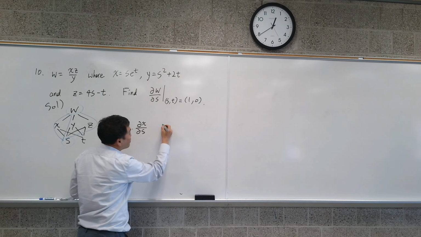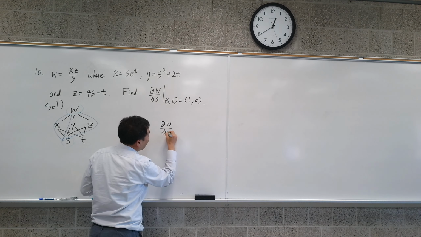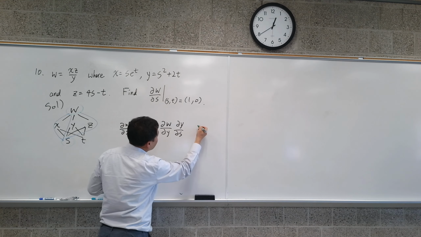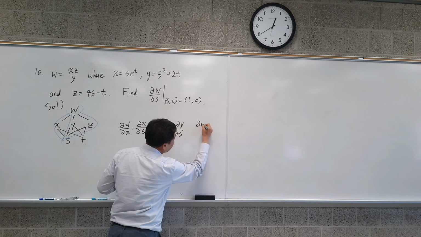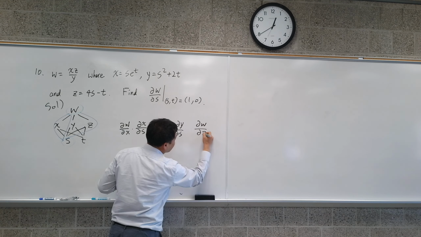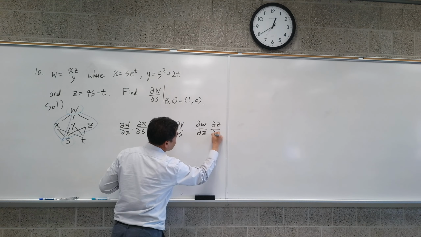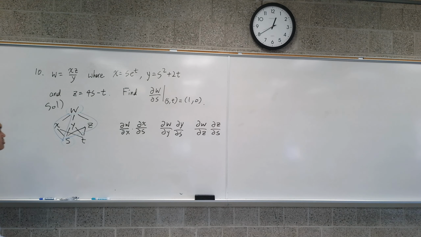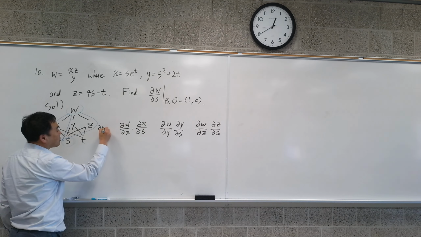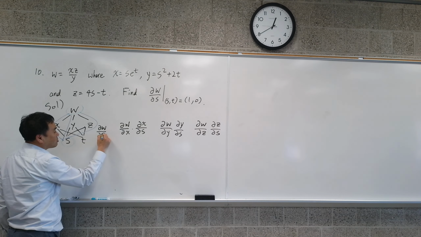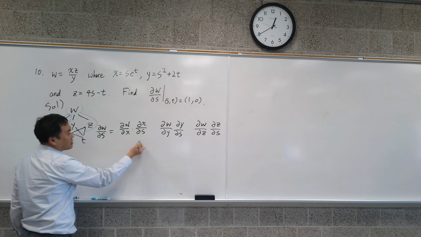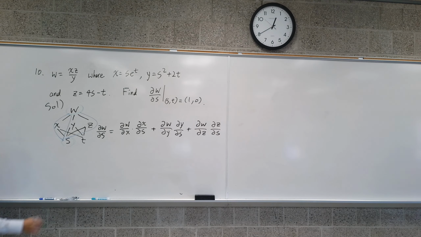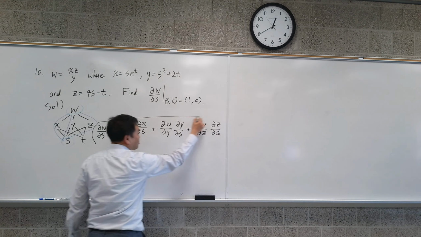So the second one is change of W going through Y. And the third one, in the same way, there's one going through Z. And the magic of multivariable calculus is that if you want to know how W changes when you change S, it's the sum of all these changes added together. So this is the multivariable chain rule.